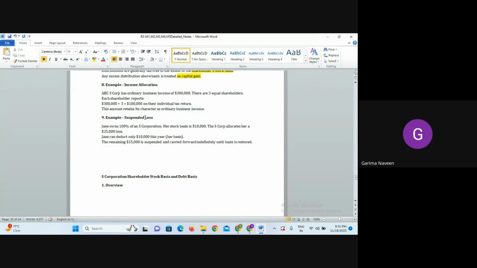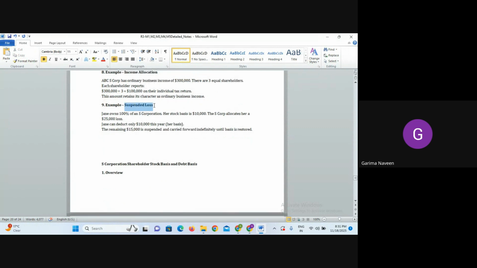Okay. Let's talk about an example related to suspended losses. For example, you are a shareholder of an S corporation with 100% ownership and your stock basis is $10,000. The S corp allocates you a loss of $25,000.